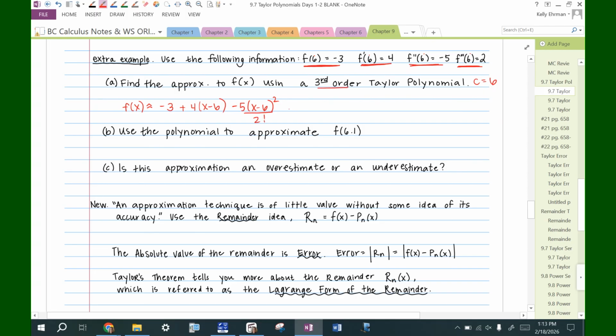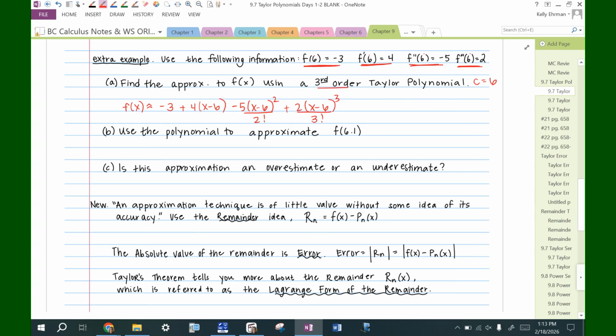And the final term would be plus 2 times x minus 6 to the third over 3 factorial. That's our approximation for f of x using a third order Taylor polynomial. If that's confusing, you can always start out with just the function notation and then put your numbers in. It gives you more of a formula to plug into, but I just went straight to plugging the numbers in. Okay, are we okay with that setup?